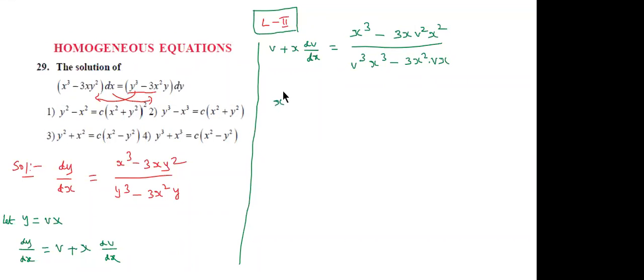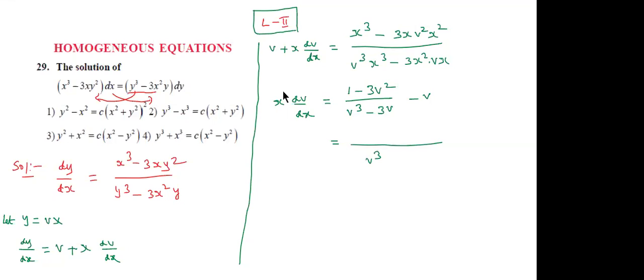So left hand side v, I am going to send to the right hand side, x dv by dx is equal to, first see the right hand side terms, 1 minus 3v square divided by v cube minus 3v, and left hand side v I am sending to the right hand side, it is going to be minus v. Simplify this.